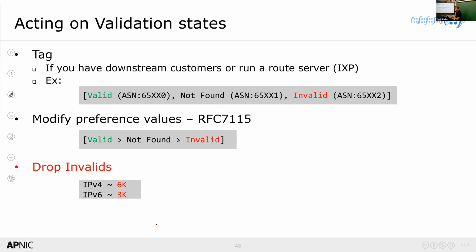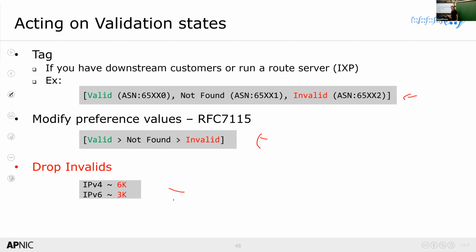So if you have downstream customers or you run a route server or IXP, you could just tag the traffic. Or you could modify prefs. Higher pref on valid, regular local pref for not found, and a lower local pref for invalid. Or you could just drop invalids.